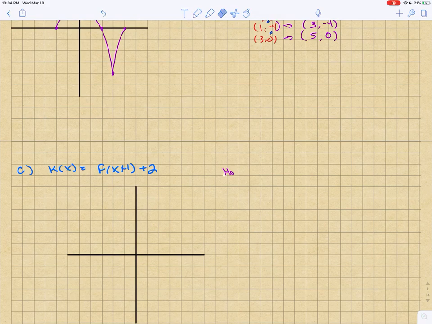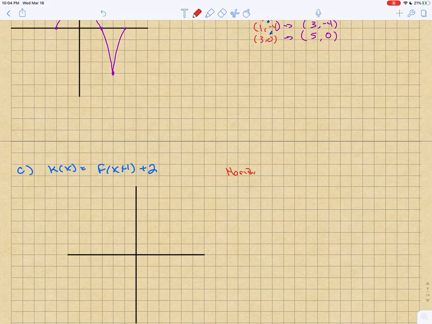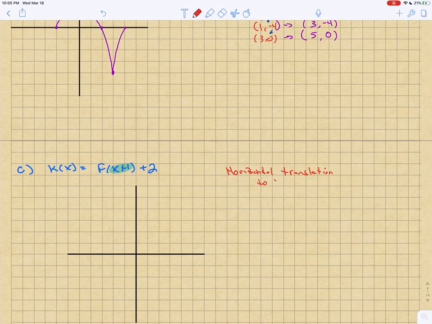This has a horizontal translation. By the way, the translations go in order of operations: inside the function, then outside the function. It has a horizontal here, +1. So that means to the left 1 unit, or subtract 1 from the x values.